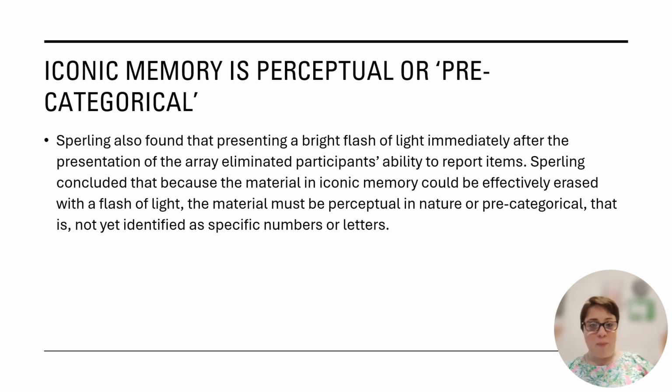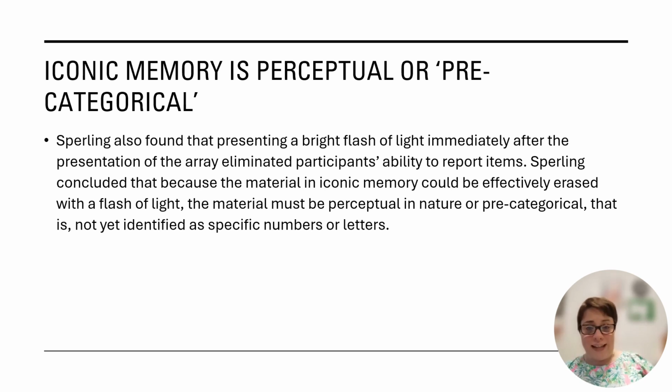Sperling proposed that the best way to conceptualize visual sensory memory or iconic memory is as a store comprised of rapidly fading pre-categorical stimuli that have not yet been identified as a certain letter, number, or object. Because once an object is identified as an A or a 2 or a dog, it is considered categorical.